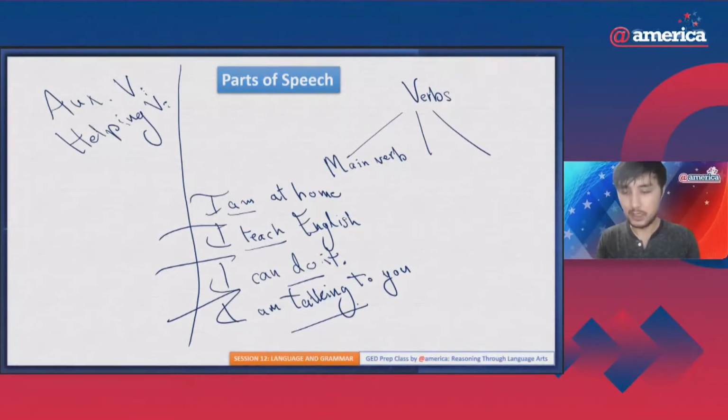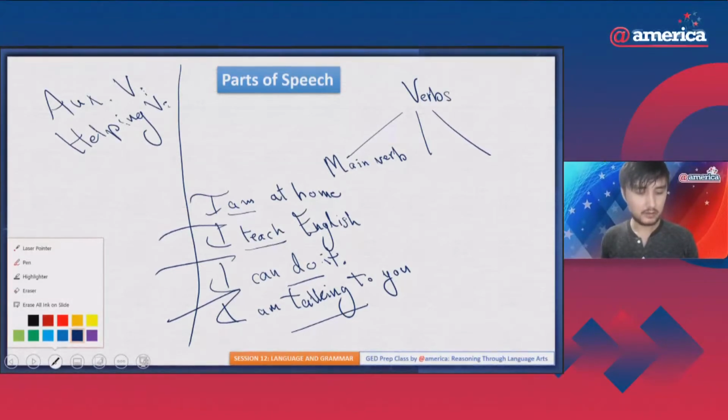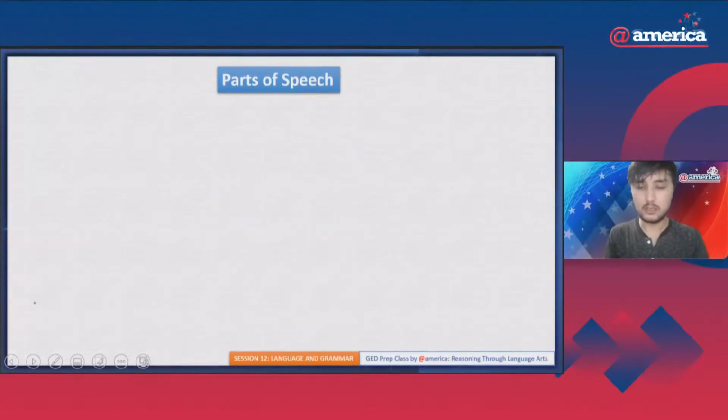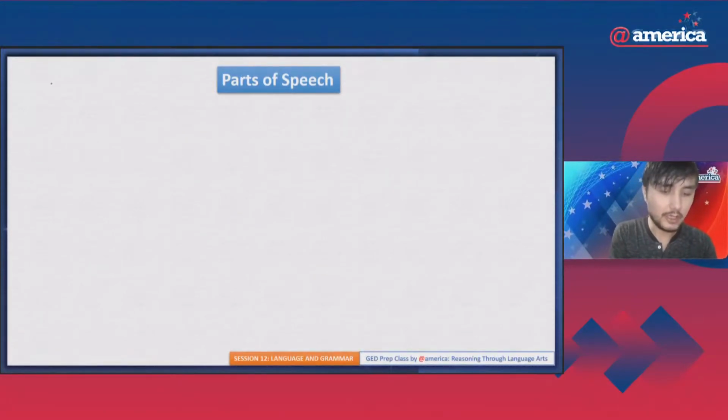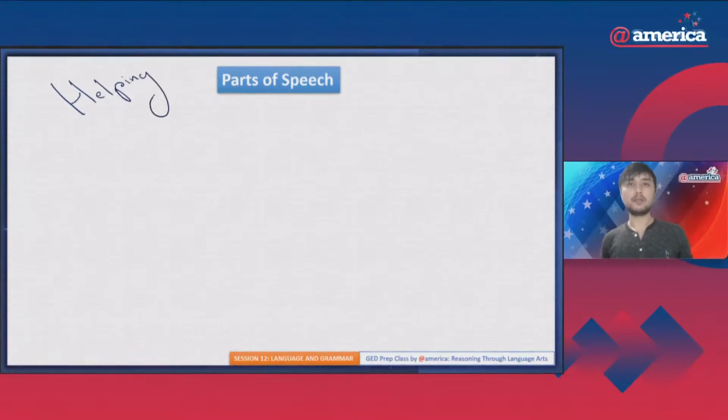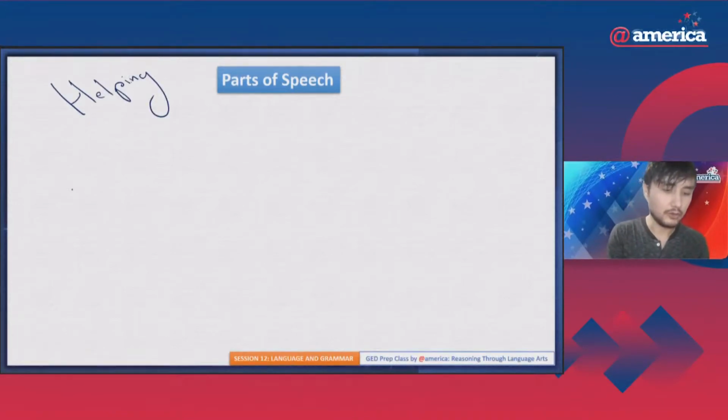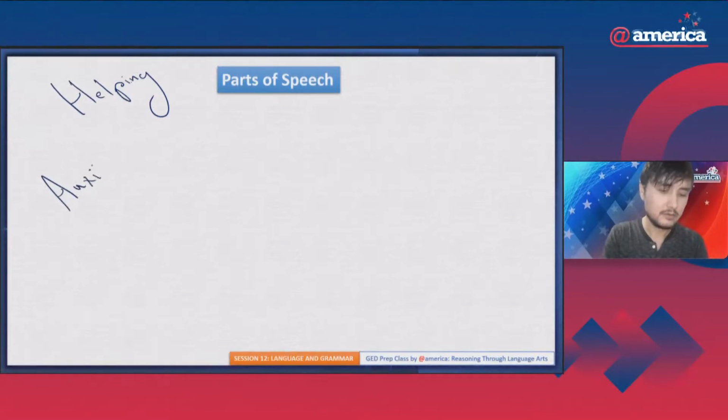The next type that we have, which I think is very important for you all to know, is auxiliary verbs or helping verbs. Basically you have principal auxiliary verbs. Let's call them auxiliary verbs type 1.